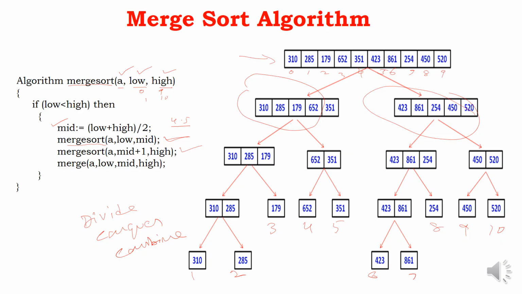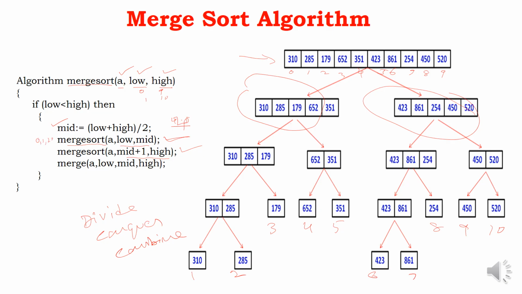See here. Once you find the middle element, apply merge sort from A, low to mid. Then merge sort mid plus 1 to high. Suppose it is 4, which means 0, 1, 2, 3, 4, five elements. Then 5, 6, 7, 8, 9, five elements.